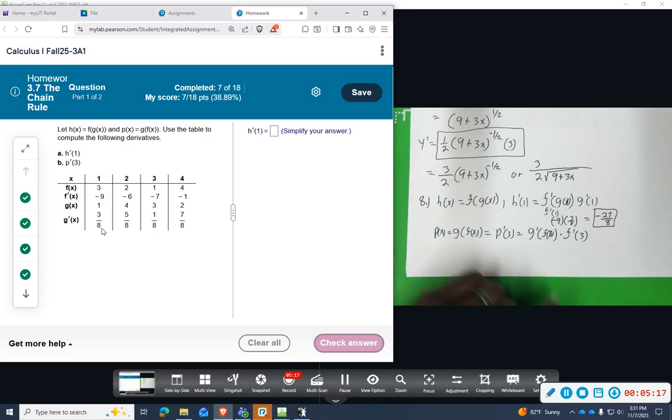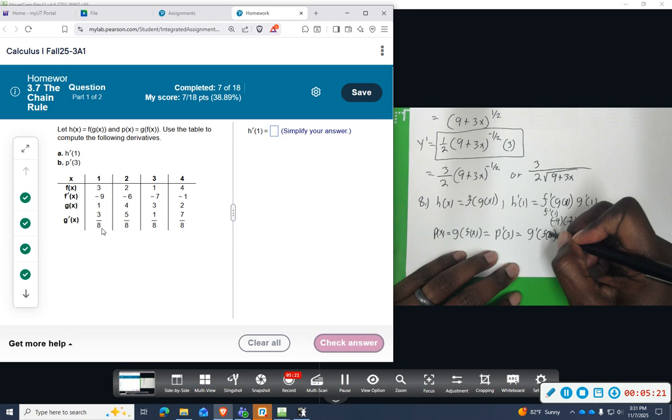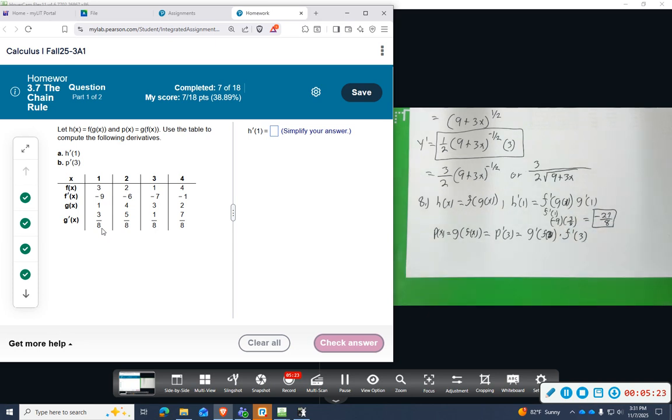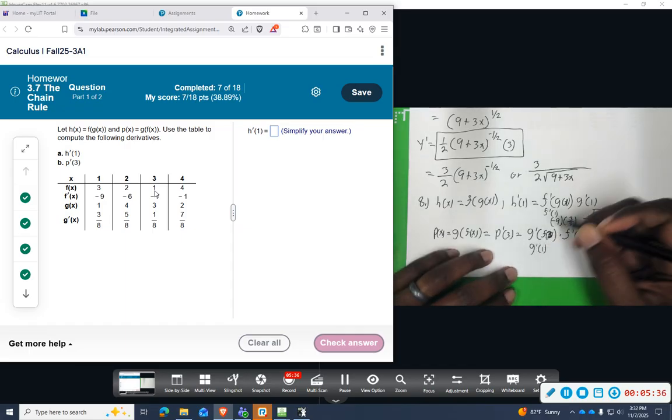And then on the second function, this is really hard to read, but this is a 3, f of 3. So we're going to go to 3, go to the f equation. That gives us a 1. So we're looking for g prime of 1.